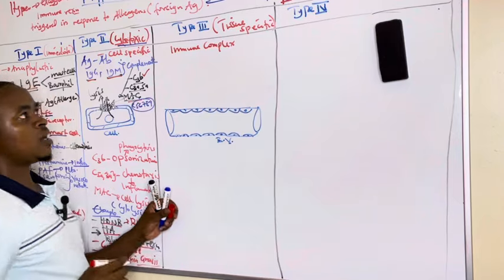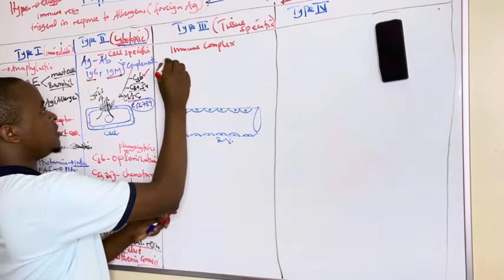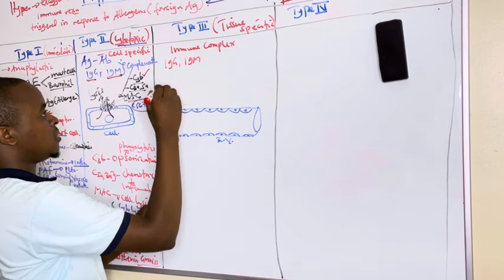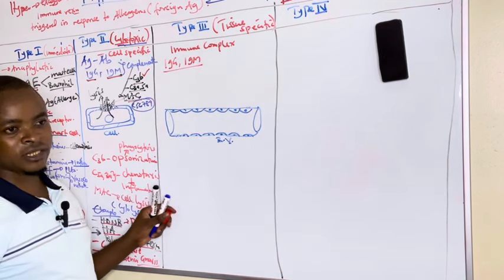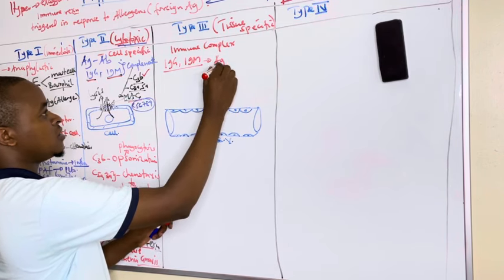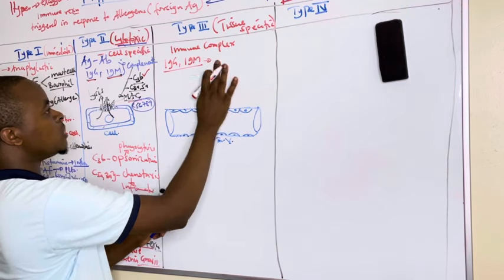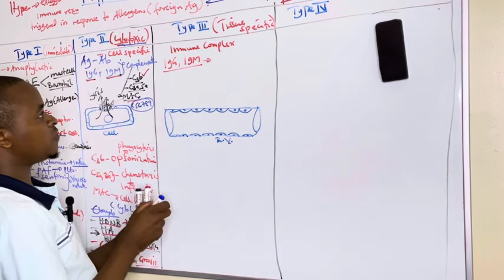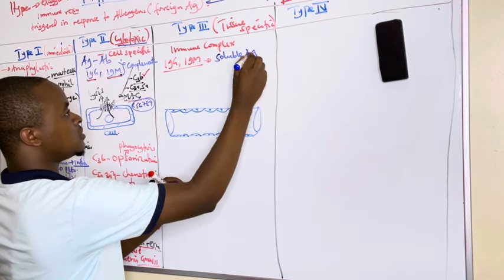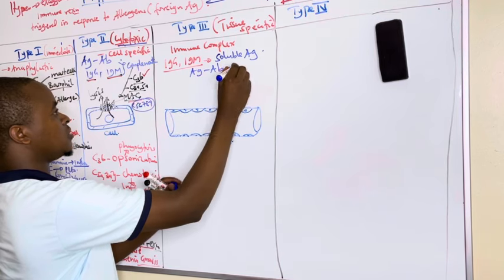It involves IgG and IgM, meaning it is antibody mediated, whereby these bind to the antigen or the allergen. They react to soluble antigens, whereby they react to form an antigen-antibody reaction or complex.